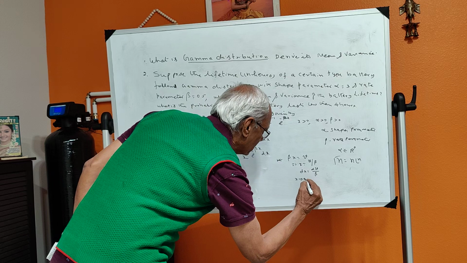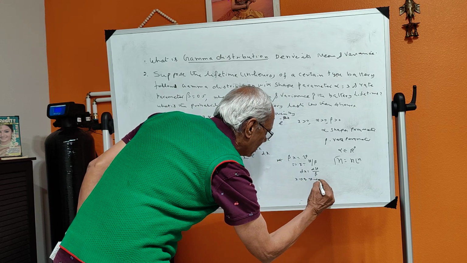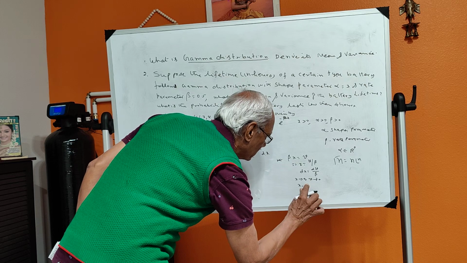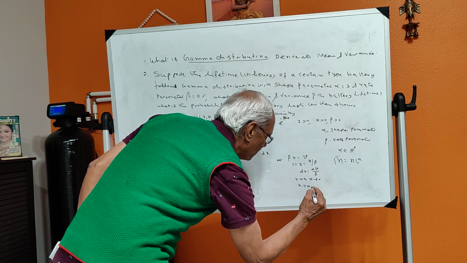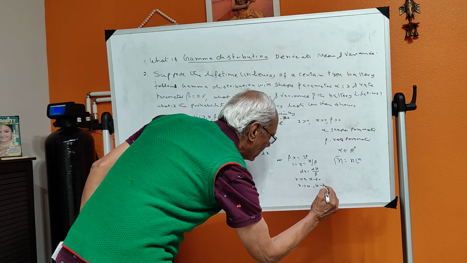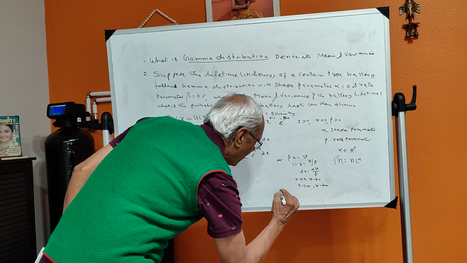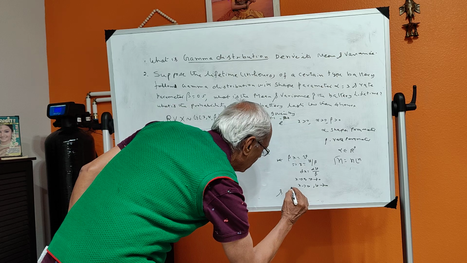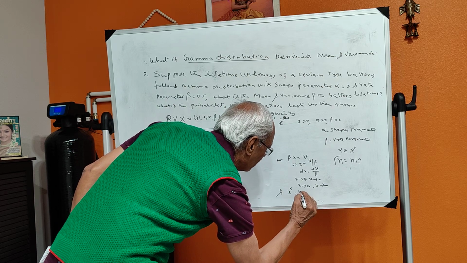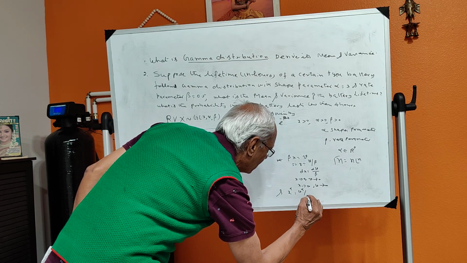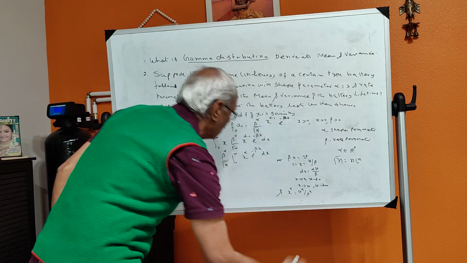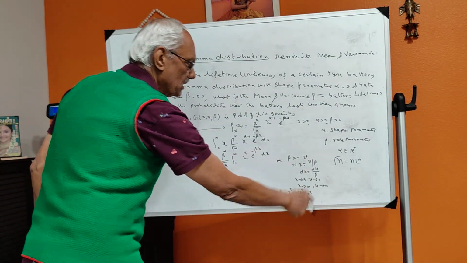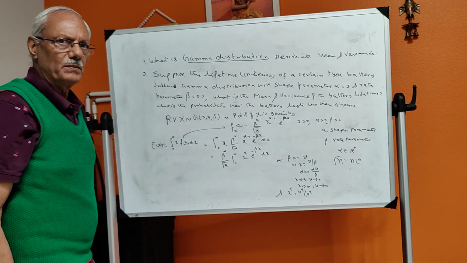When x tends to 0, v tends to 0, and when x tends to infinity, v also tends to infinity, and x to the power of alpha is equal to v to the power of alpha divided by beta to the power of alpha. So we go for a change of variable.